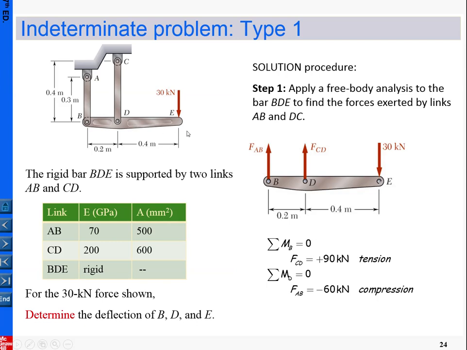For this example, the lever could be inclined after deformation. Such a rigid lever plays only one role: transmitting force through the lever to individual points of interest.